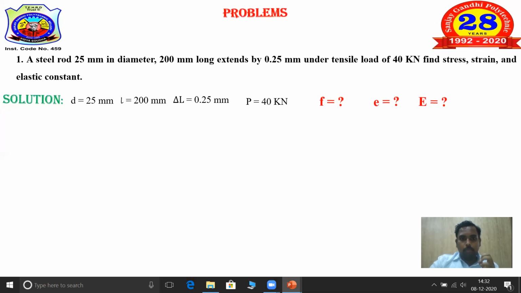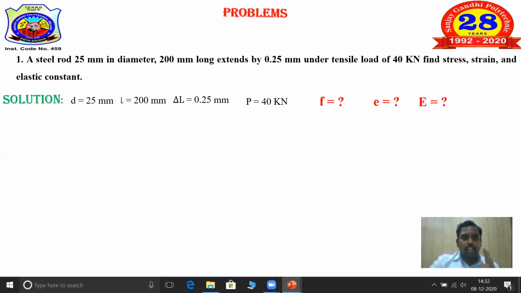Before solving the problem, first just look into the given data. Just analyze whether unit conversion is necessary or not. It's very important. After reading the question, try to write the given values, and after writing the given values, first think whether unit conversion is necessary or not.